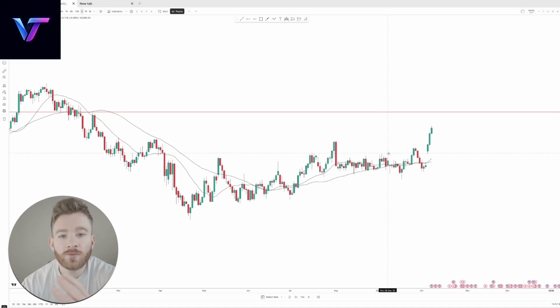This is what you'd be doing in a live trading example: you'd be looking at one currency, then another currency, and then you'd be looking at the pair. A lot of traders miss this because I believe they're not fully educated.